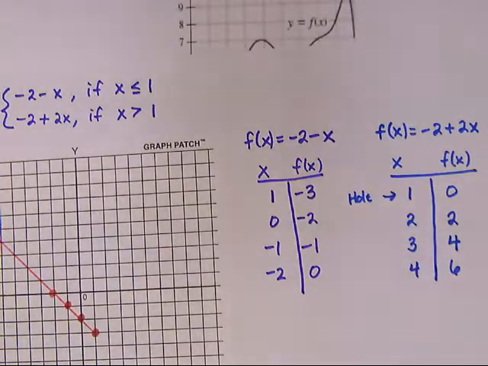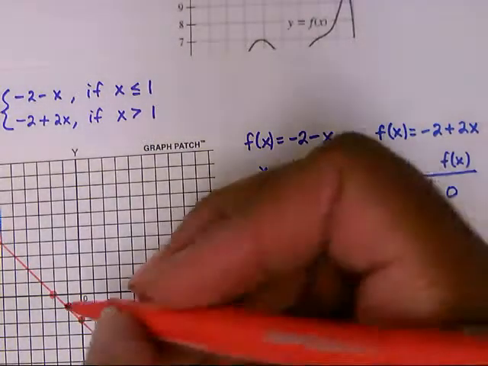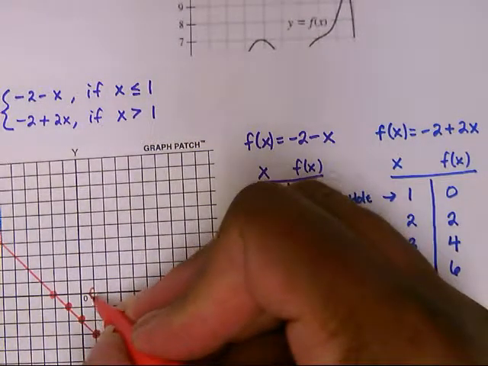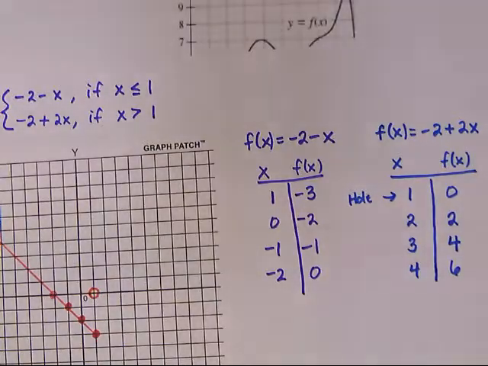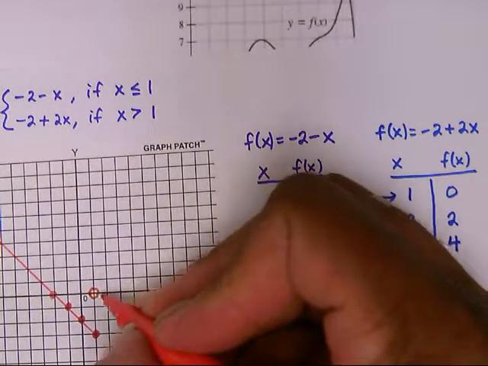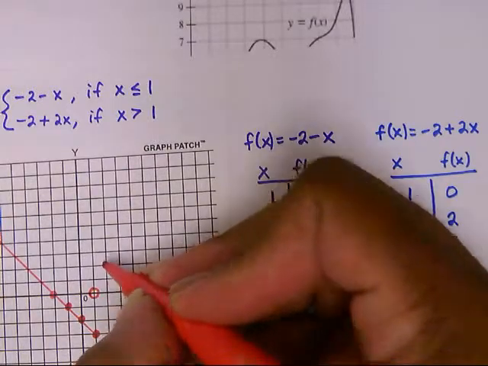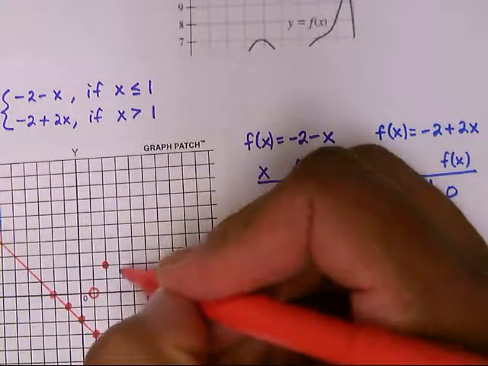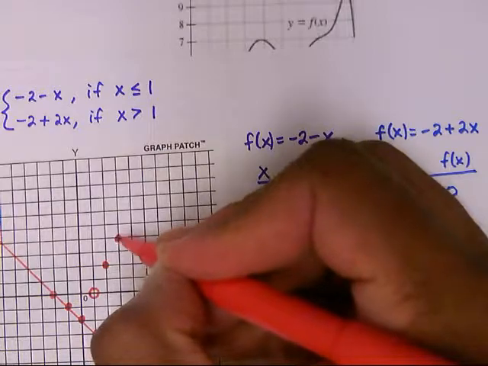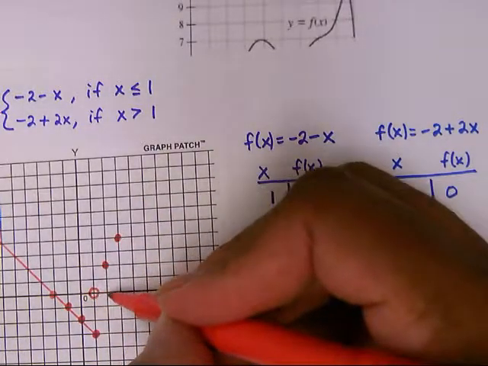So that's going to be the ordered pairs for f of x equaling -2 plus 2x. So here at 1, 0, I'm going to have a hole in the graph, because that point will not be included. And then 2, 2 will be to the right 2 and up 2. And then 3, 4. And then 4, 6.